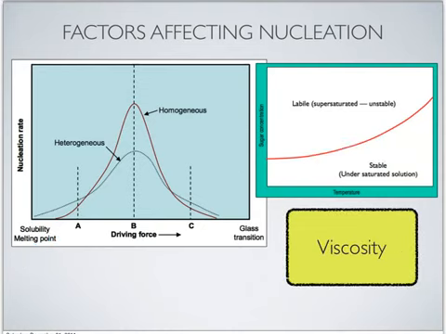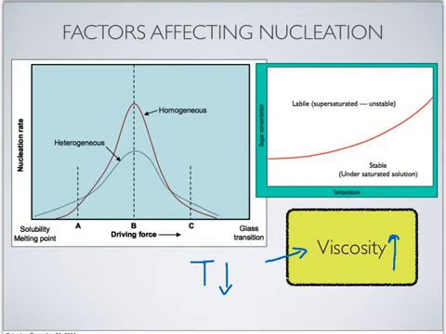Another factor which affects nucleation is viscosity. The viscosity increases due to two factors. One is by lowering the temperature. There's always an inverse relationship. When we decrease the temperature, the viscosity would increase because of the decrease in the diffusivity of the molecules.